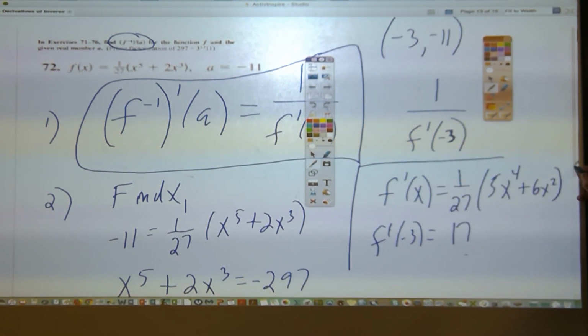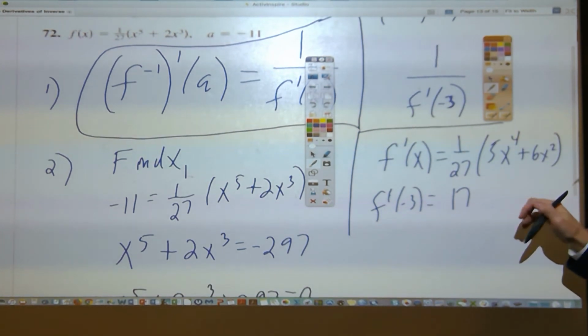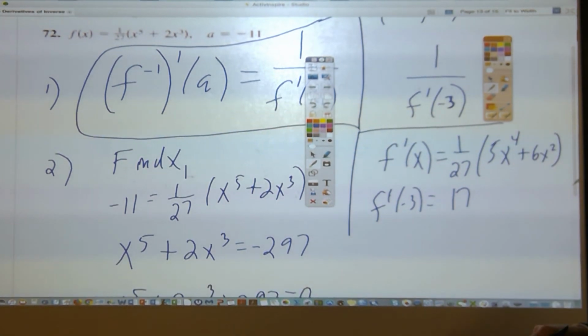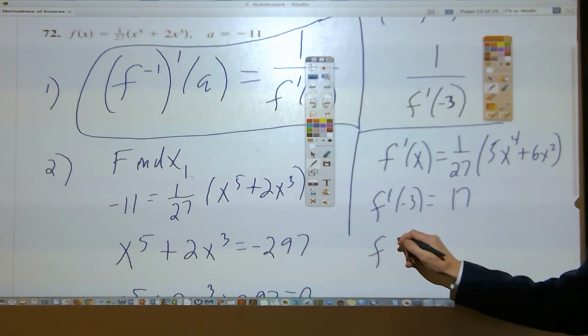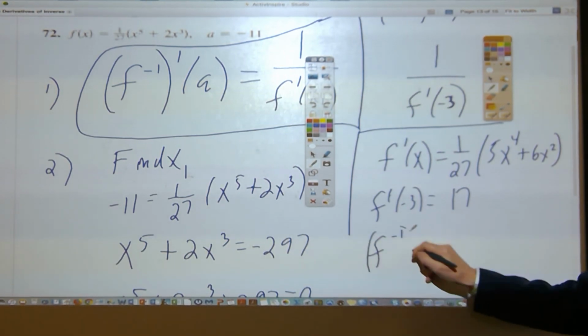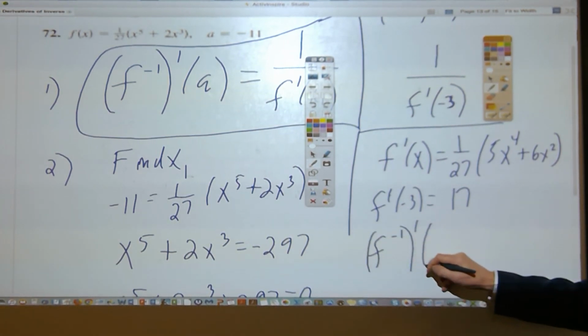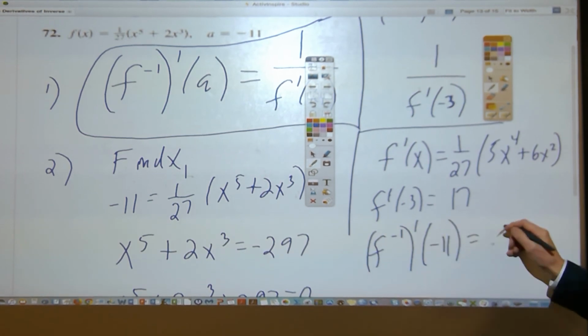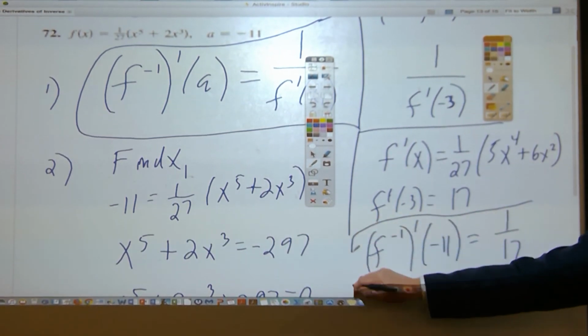This simplifies, when you replace all the x's with -3, you get 17. And therefore, f inverse prime of -11 is its reciprocal, 1/17.